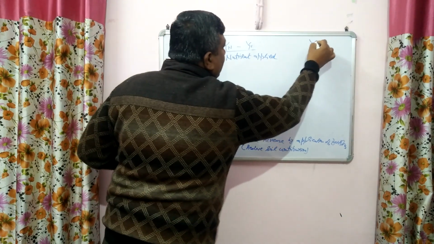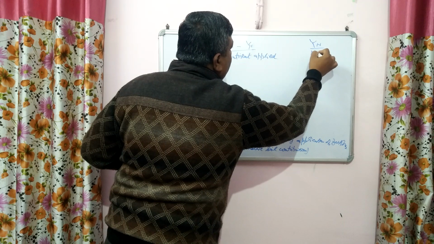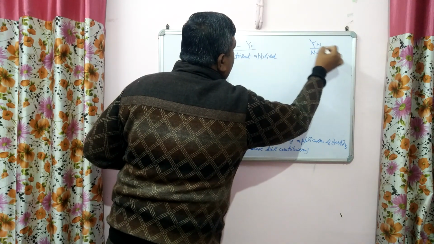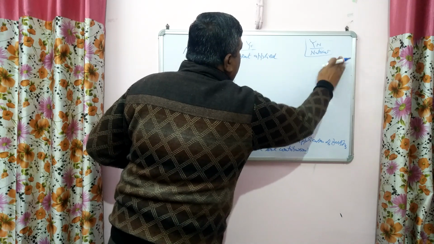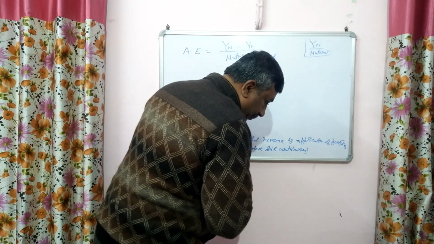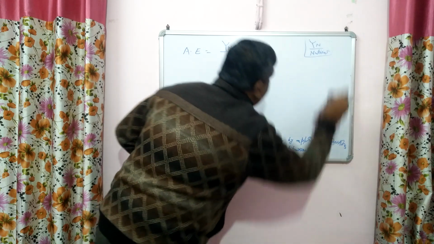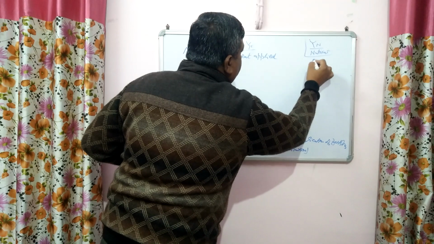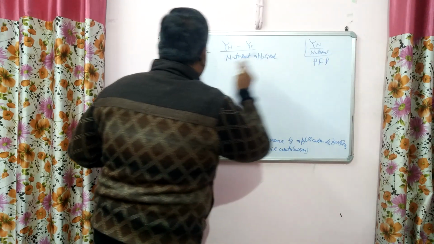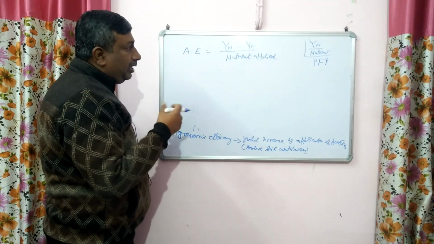And if it is YN upon nutrient applied, then it is partial factor productivity. It is PFP. Partial factor productivity.